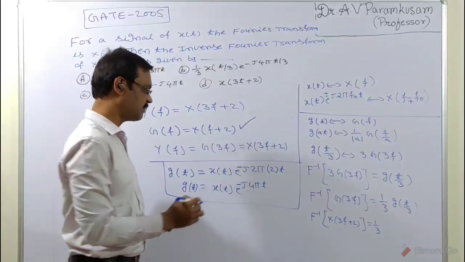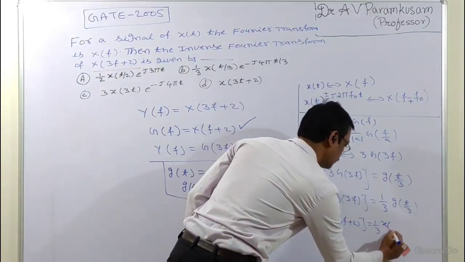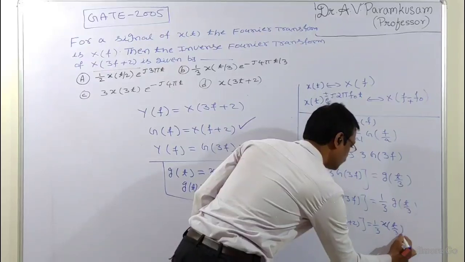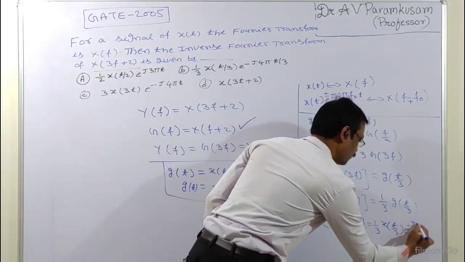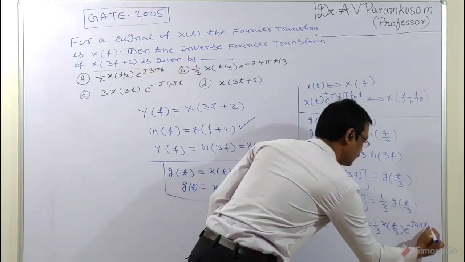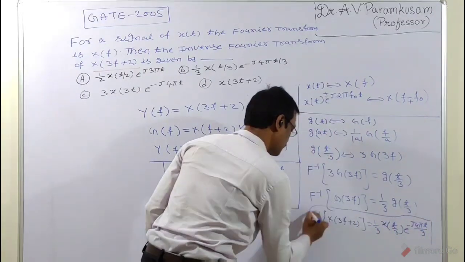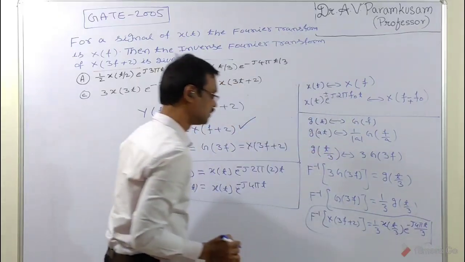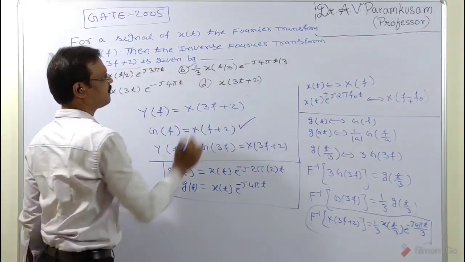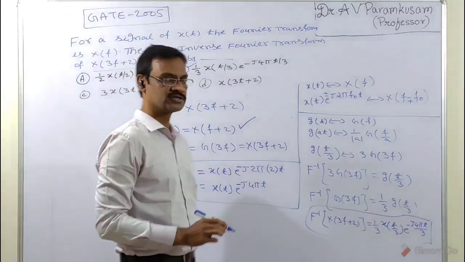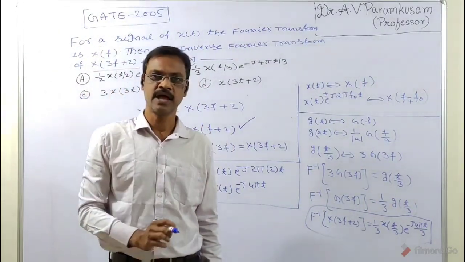So g of t by 3 is equal to x of t by 3 e to the power of minus j 4 pi t by 3. So this is the answer: 1 by 3 x of t by 3 e to the power minus j 4 pi t by 3. So option B is correct. Thank you very much.